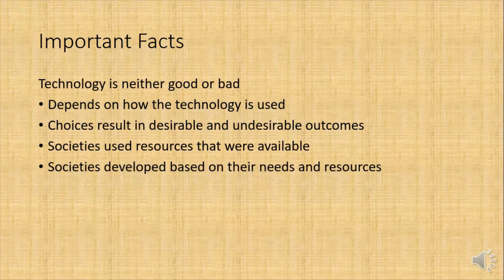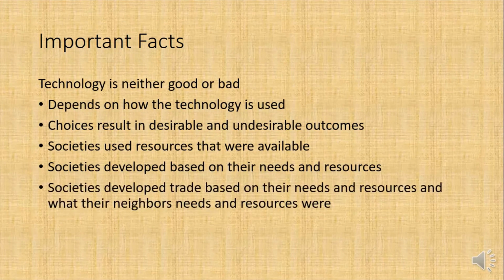As I was just talking about, societies develop based upon their needs and resources. Societies also develop trade based on their needs and resources and what their neighbors' needs and resources were. For example, if we were next to a river, but one of our neighbors lived in a hugely wooded area, we needed wood, so we would trade our fish, because it was easy for us to catch a whole bunch of fish and preserve them and take them to them.